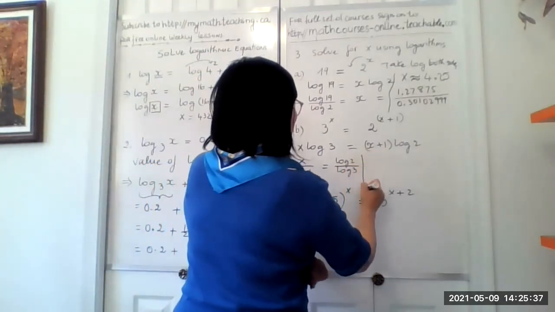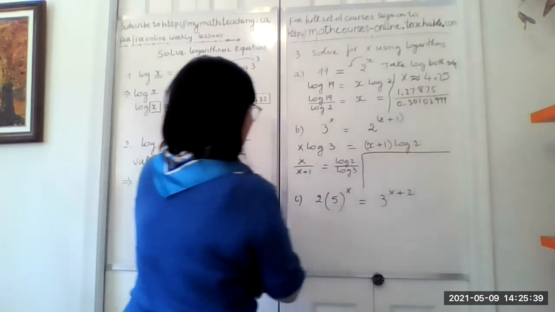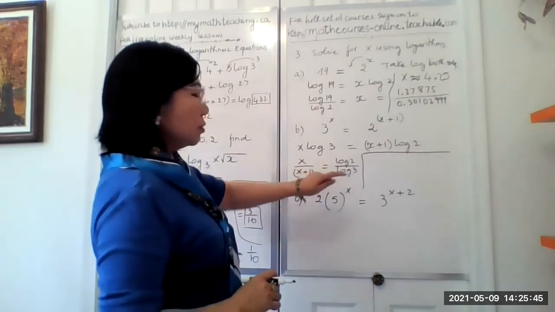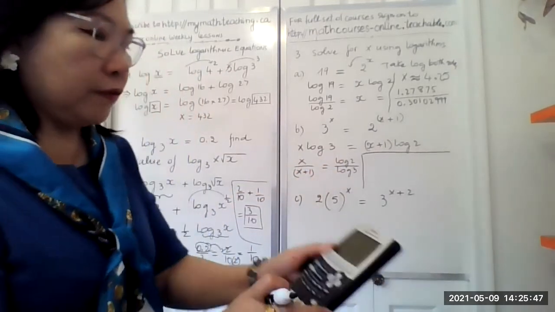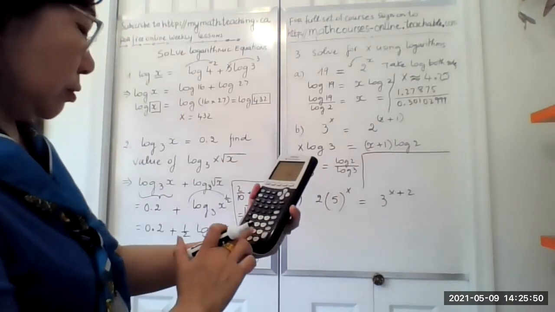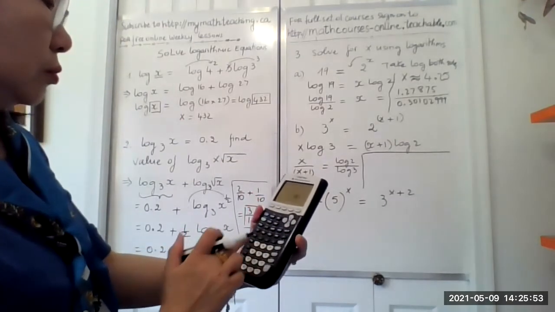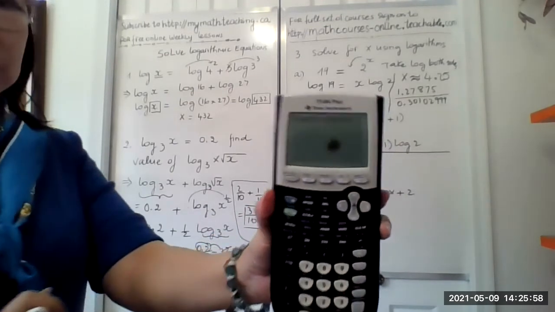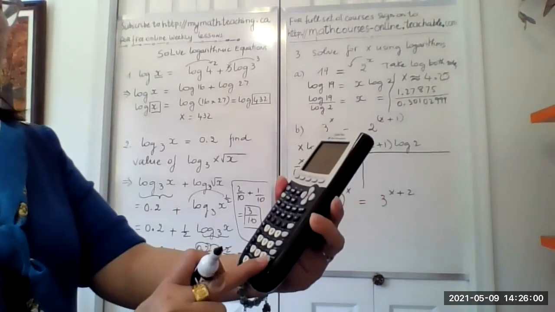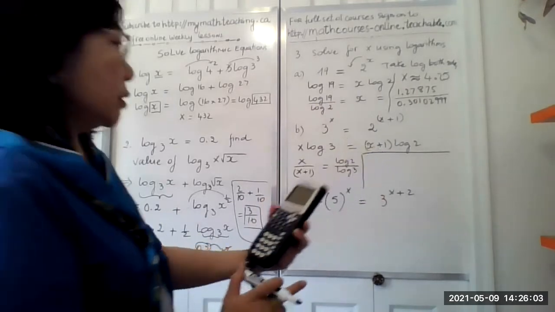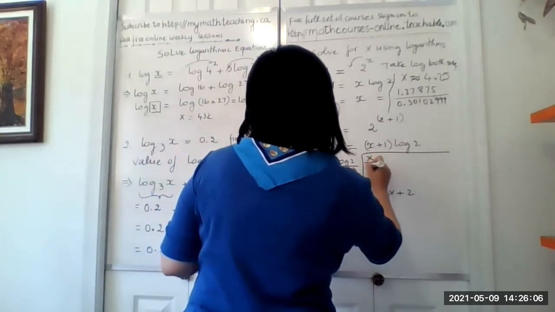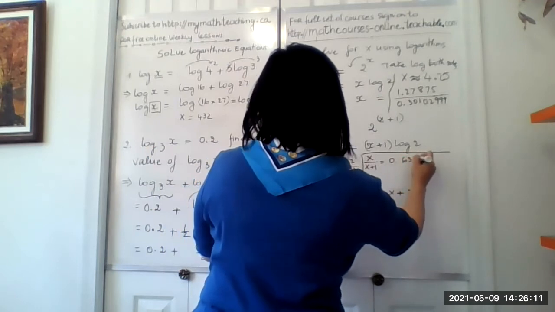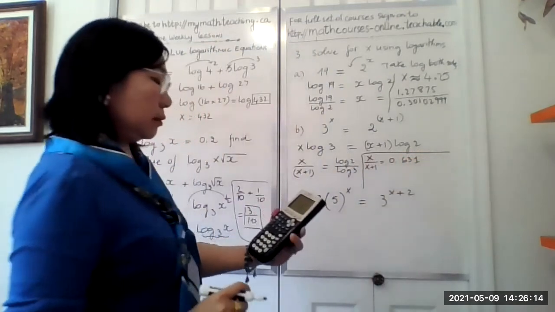Let me use a calculator to divide log 2 divided by log 3 and we get the number out, right? So log 2 divided by log of 3. So you can use a calculator, right? We get 0.63. So x divided by x plus 1 equals 0.63. And I'm going to round off to 0.631, right?